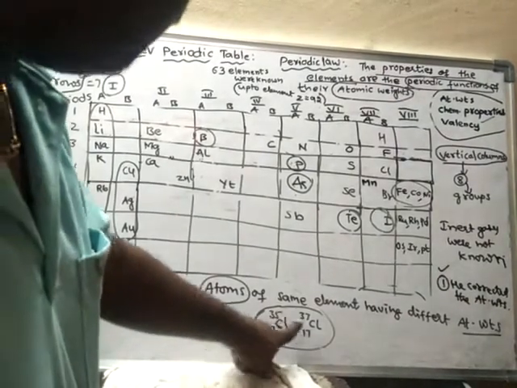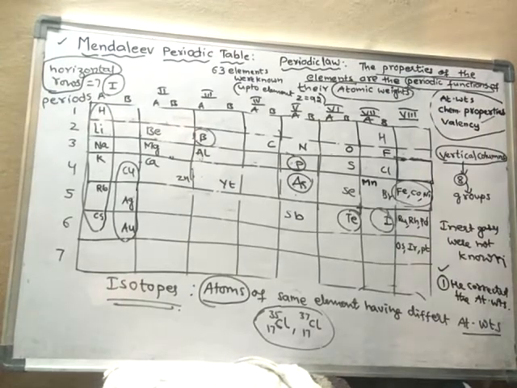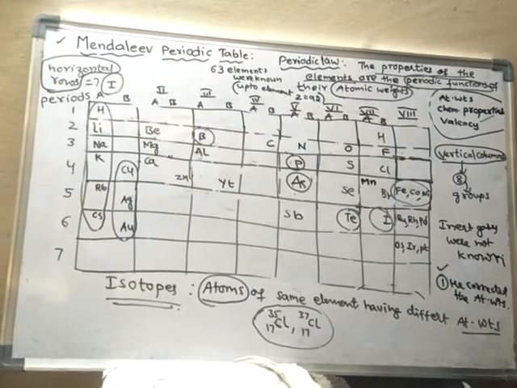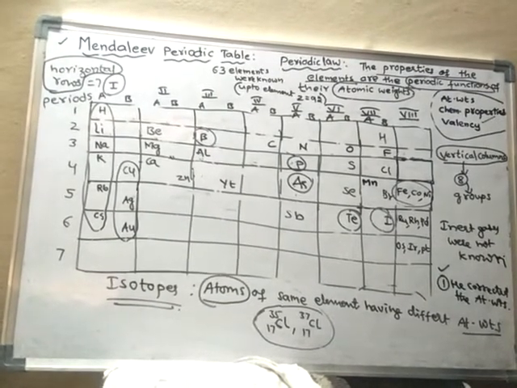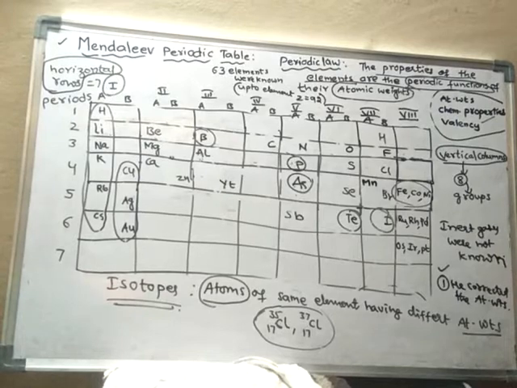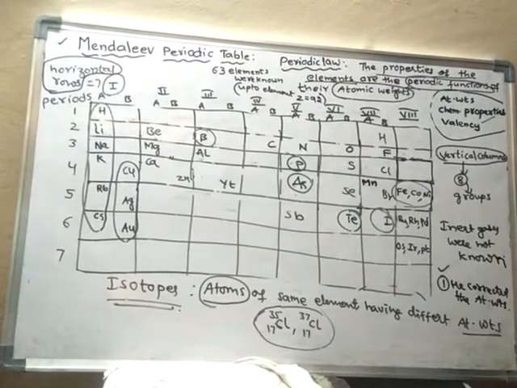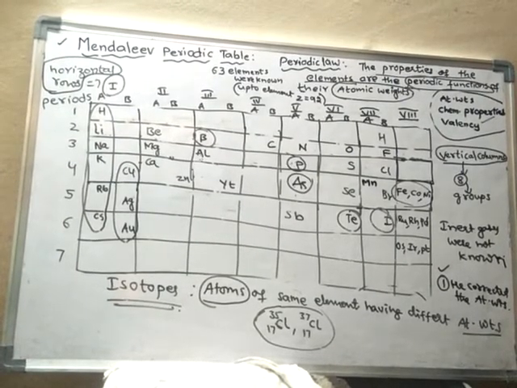Because they possess different atomic masses. So Mendeleev got a confusion whether to keep chlorine at different places or not. That means he did not maintain isotopes. He didn't give any idea about isotopes in his periodic table.